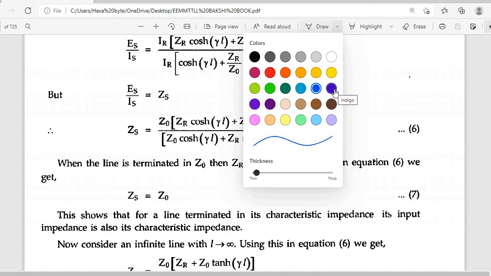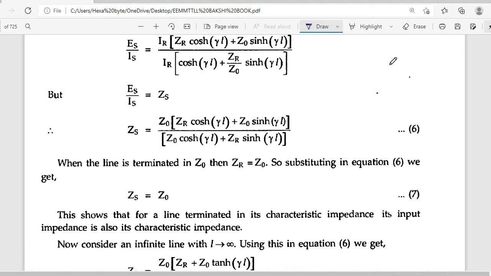Let me take a transmission line. This is a transmission line.